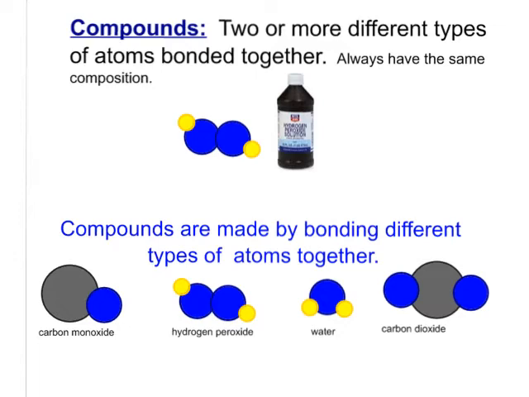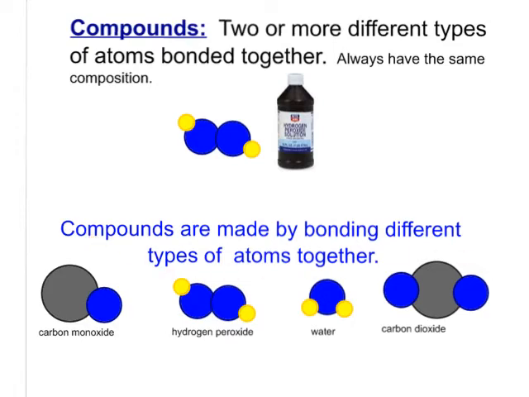A compound, a chemical compound, is when we have two or more different types of atoms bonded together. So they will always have the same composition. For example, hydrogen peroxide involves 2 oxygen atoms and 2 hydrogen atoms. Always. Every compound of hydrogen peroxide will be in this composition: 2 oxygen atoms and 2 hydrogen atoms.